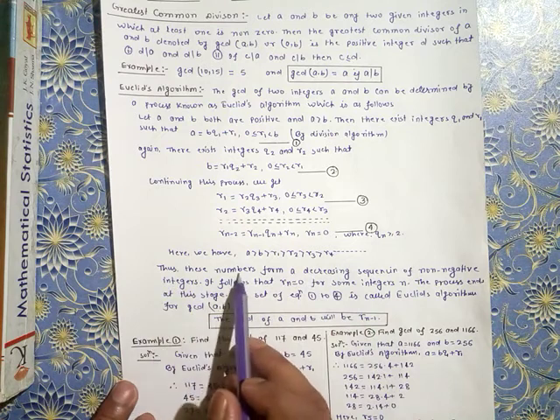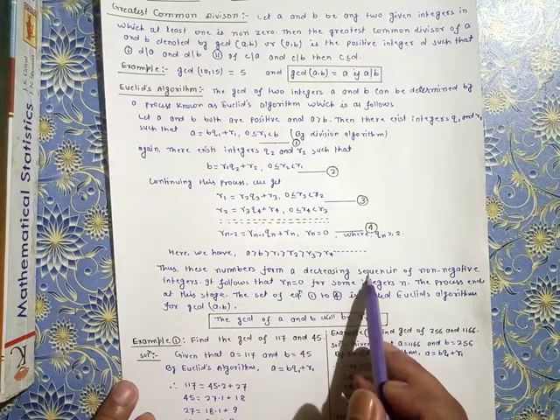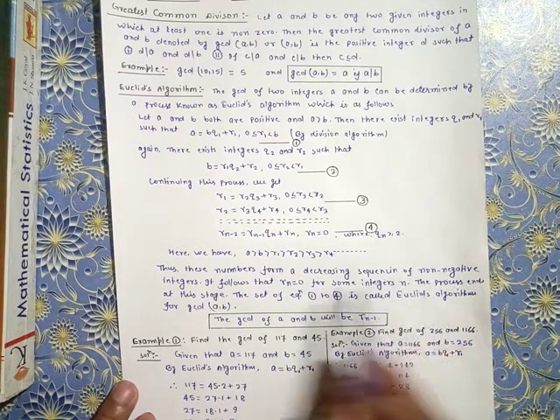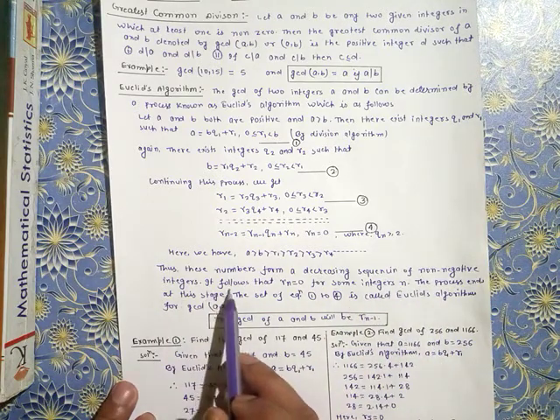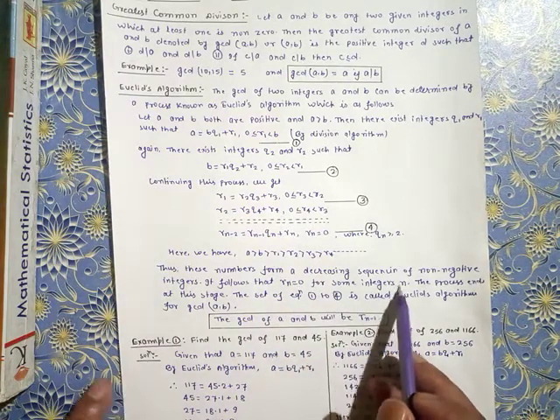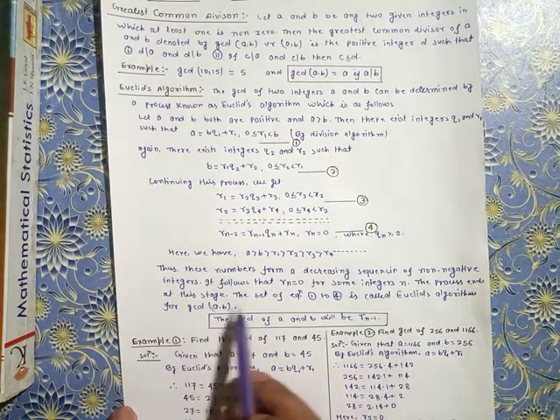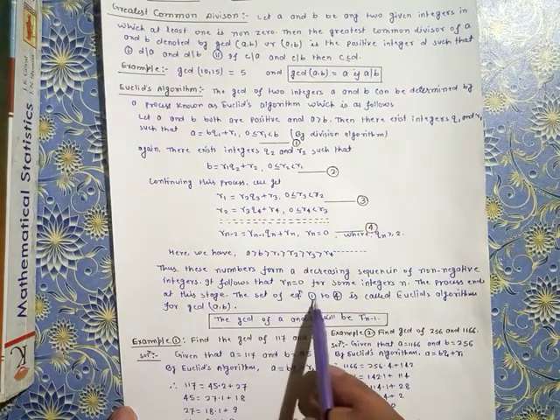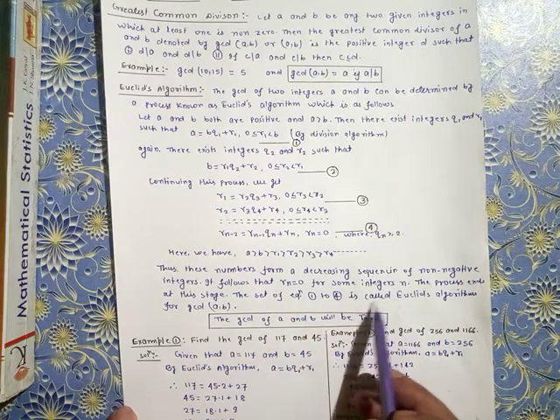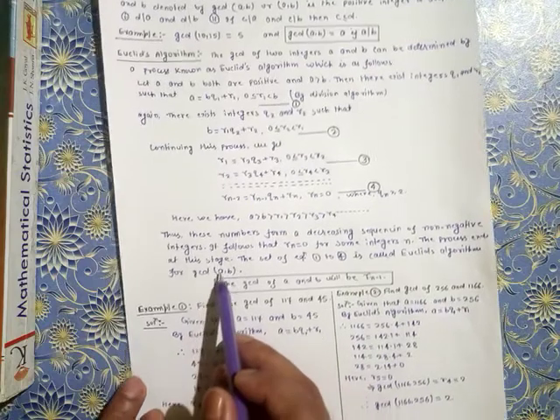Thus these numbers form a decreasing sequence of non-negative integers. It follows that rn equals 0 for some integer n. The process ends at this stage. The set of equations 1 to 4 is called Euclid's algorithm for the GCD of A and B.